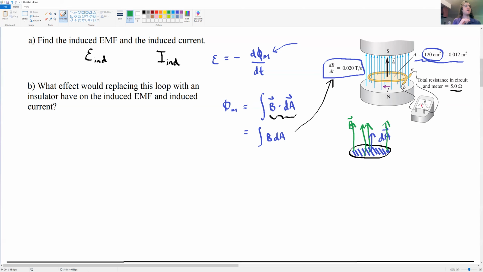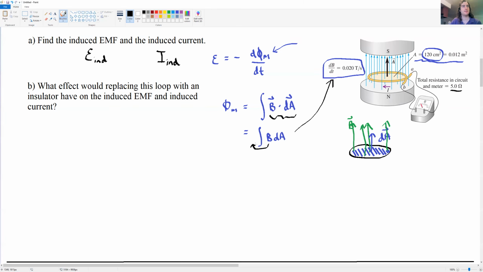The magnetic field on that disk is constant. Okay, so that's maybe a little bit of a tricky point. Even though the magnetic field is changing with respect to time, we're integrating over the area here. And so the magnetic field can be pulled outside of the integral.